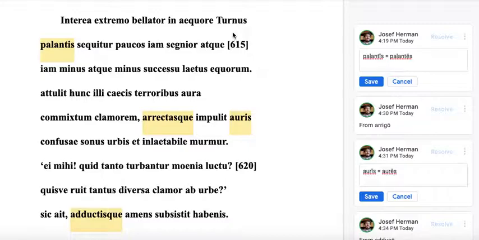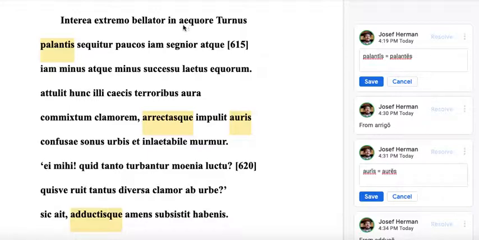So meanwhile, the warrior Turnus, and we're told that he is in extremo aequore. He is at the edge. Extremo is the extreme part, the edge of the aequore. That means the plain, right? The stretch of flat ground in which they're fighting their battle.